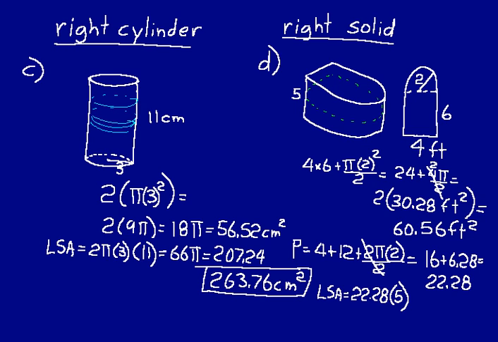And so we can get our calculators to do that. 22.28 times 5, that's equal to 111.4. Okay, so that's our lateral surface area. So our total surface area then is equal to 111.4 plus 60.56.